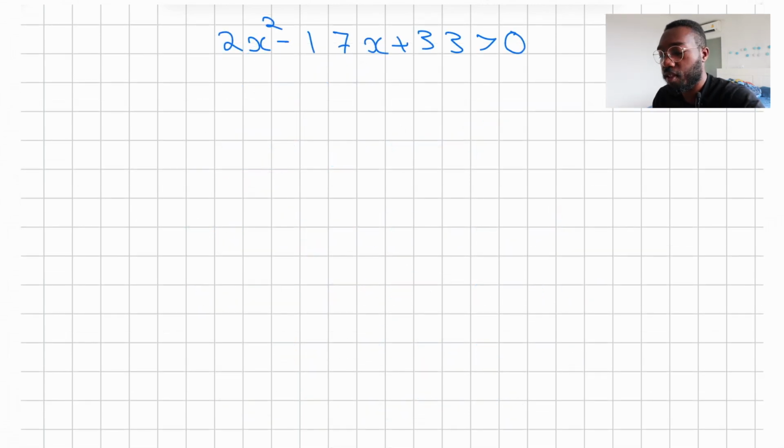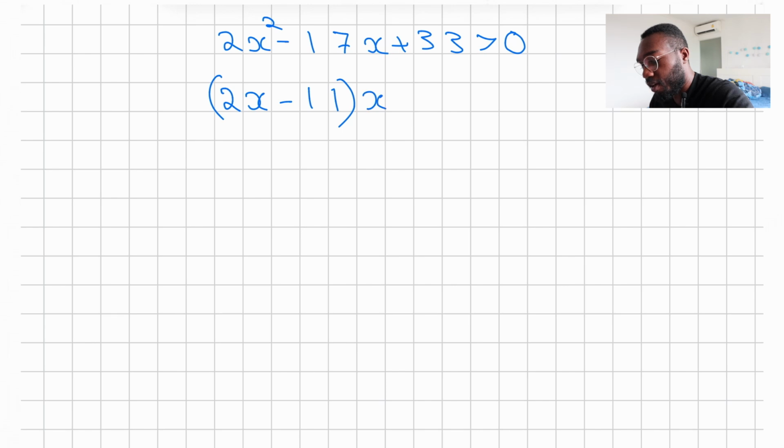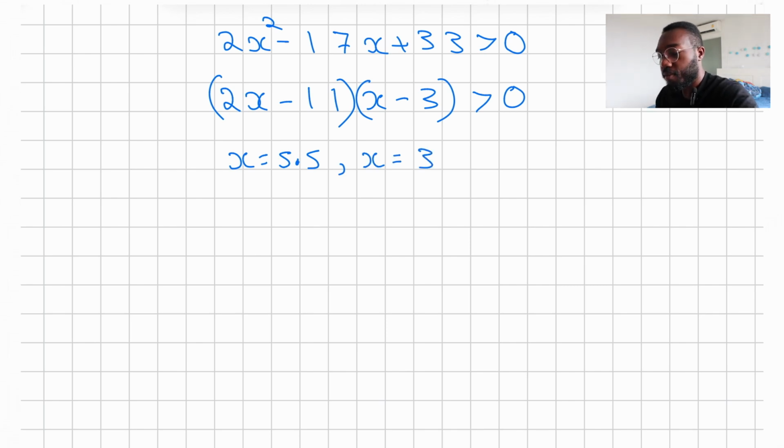If we factorize this, we get 2x minus 11 and x minus 3, which will be greater than 0, and that gives us x is equal to 11 over 2, or 5.5, and x is equal to 3. Again, if we draw a little graph, we have 3 and 5.5, and it's in a U shape.